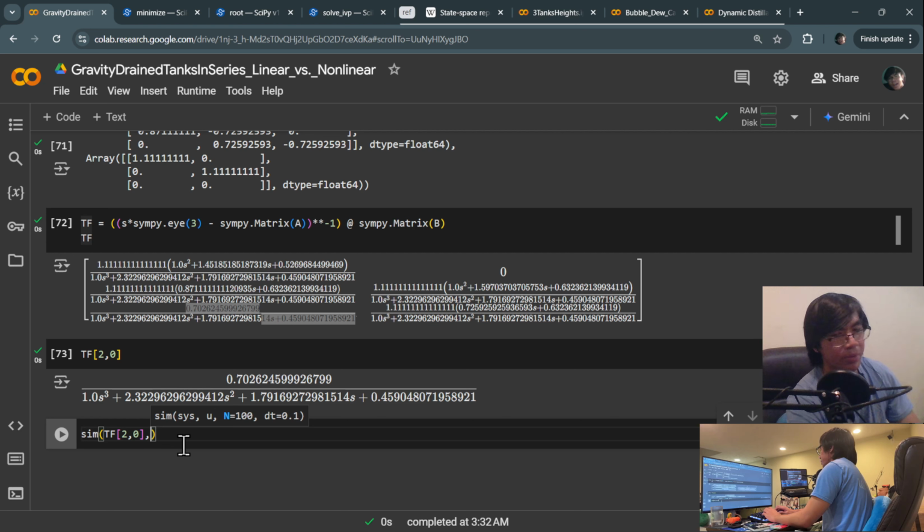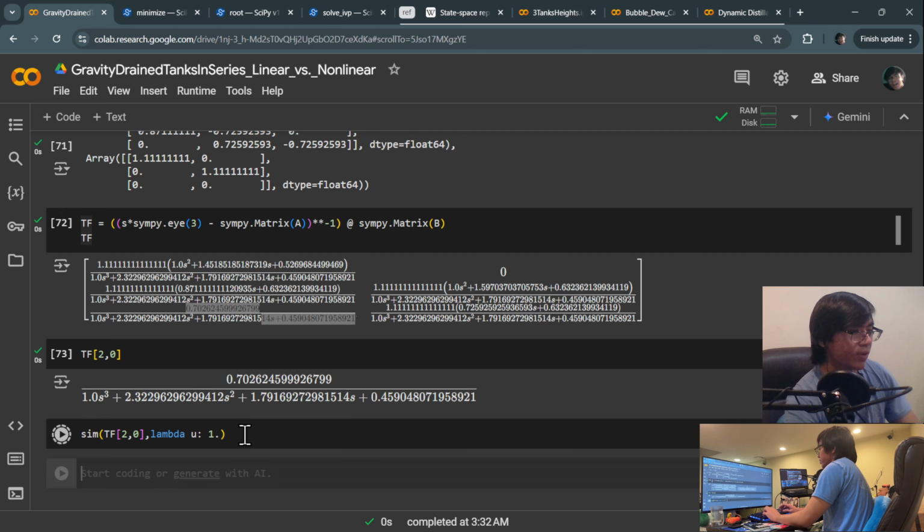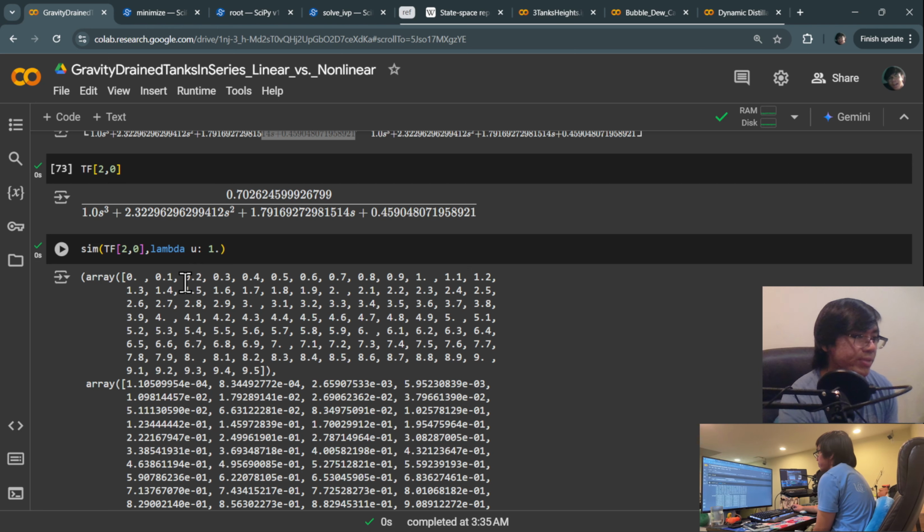Remember U was our input vector, so we have to input some change for that. We can use lambda for this. Lambda U, and then maybe we just have a step change of 1. And the defaults are 100 increments of 0.1. So if we hit shift enter, we should get times in increments of 0.1, 100 times.